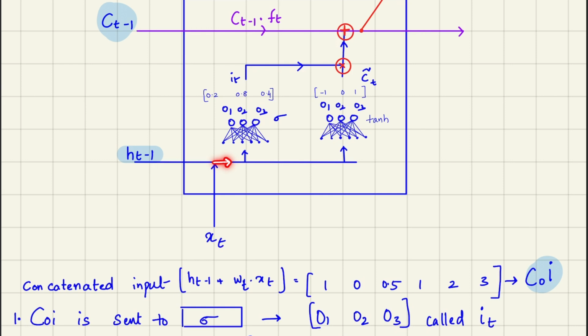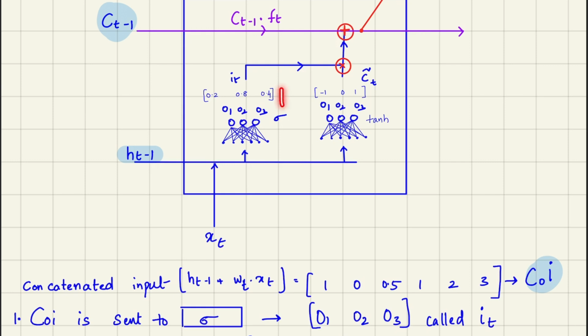This concatenated vector is fed into two fully connected layers which consist of sigmoid and tanh. These are two separate fully connected layers. Since we have sigmoid, we will get one output, and with tanh we will get another output. The number of neurons in both will be equal to the number we used in the forget gate. Since in the forget gate we used three outputs, here also we need to take three output neurons. That is the rule.